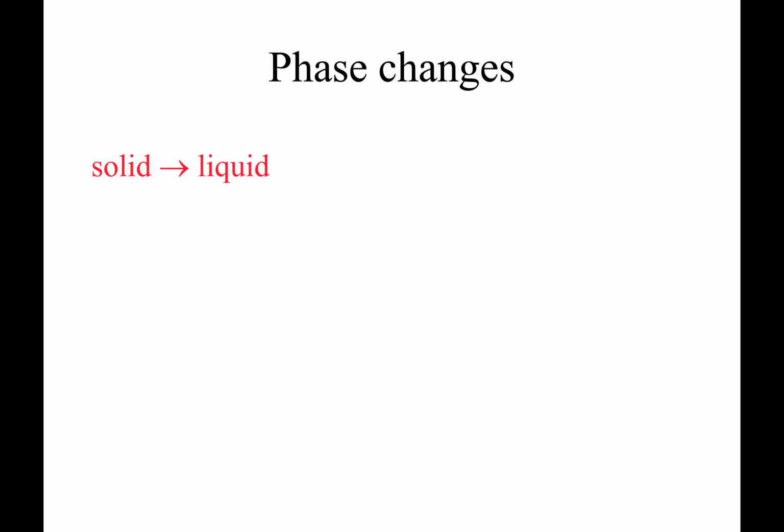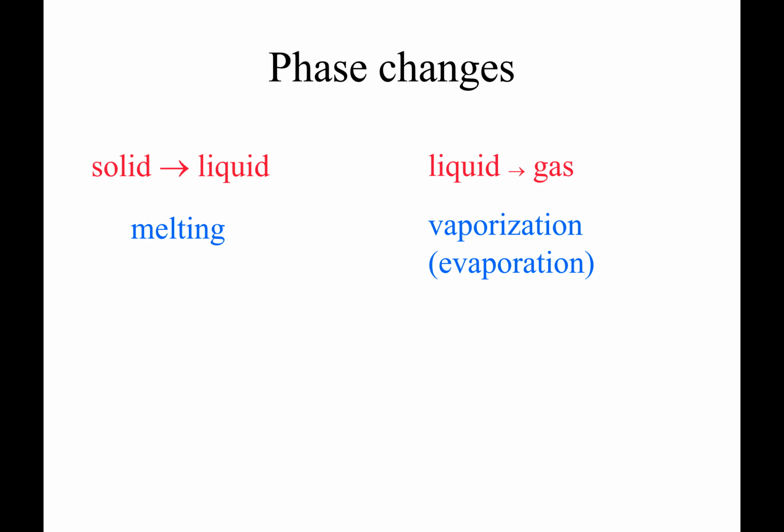Okay. So, do you guys have these words here? Okay, good. You guys would all tell me that this is melting, and you're totally right. Liquid goes to a gas, that's evaporation or vaporization. These would be, does that seem endothermic to you? Yeah, energy's put in.